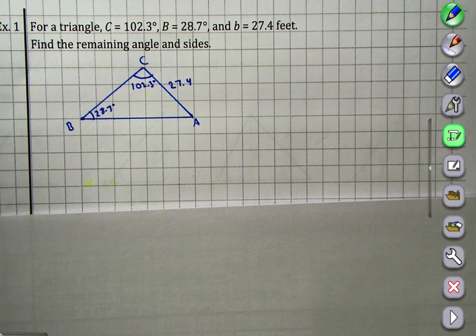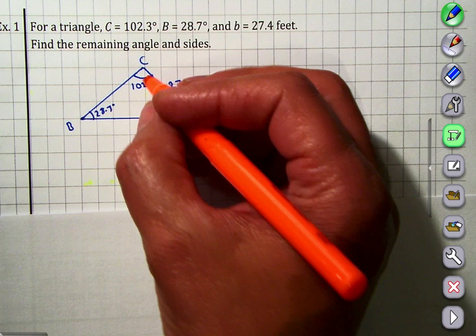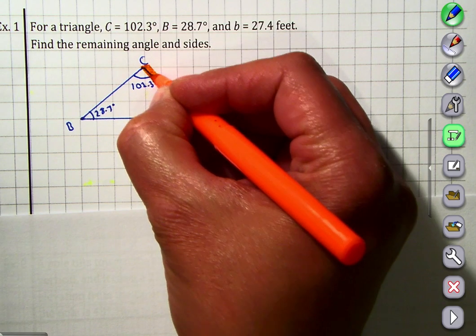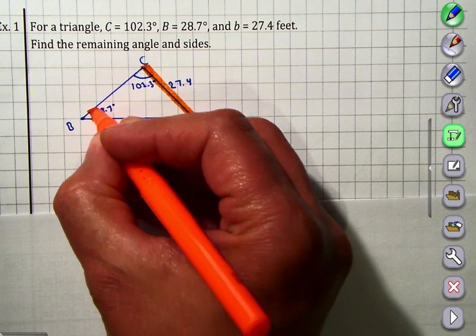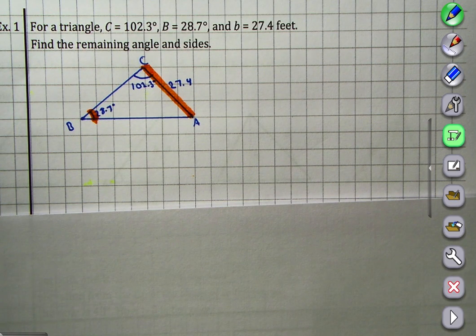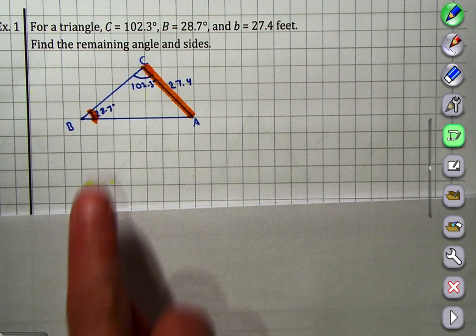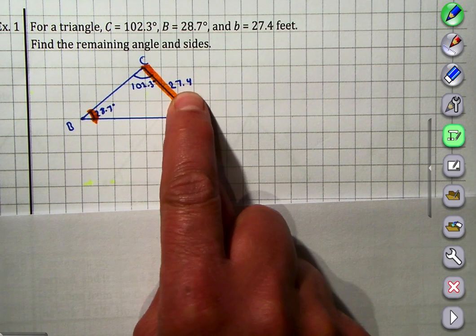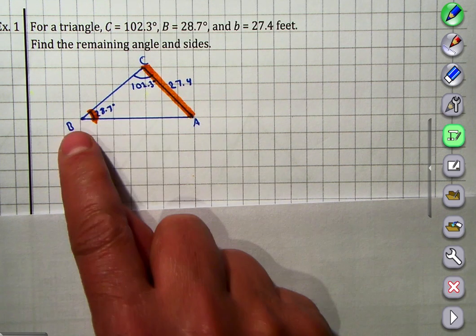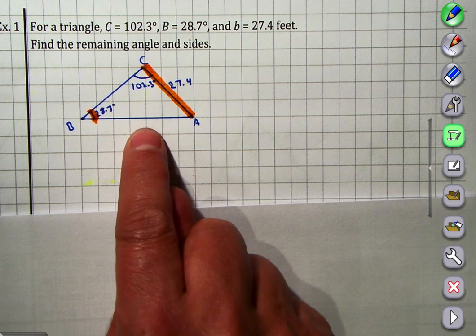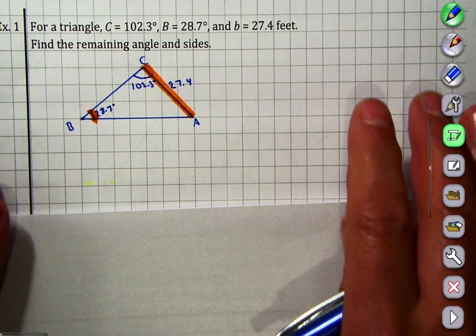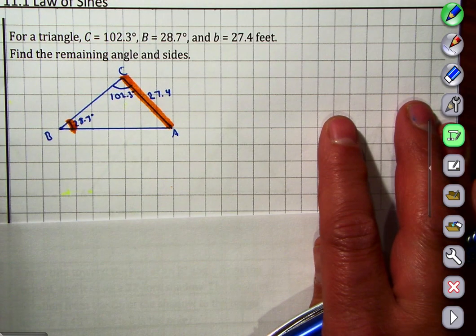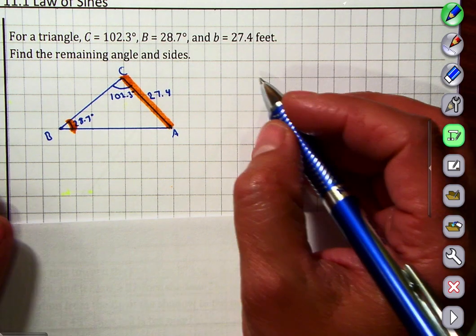Now, one of the things that you want to notice is that in order to use the law of sines, you must have a side and the opposite angle. So visually you guys can see it. So we're going to do 27.4 over the sine of B, and then we can look for angle or side C. But also, since we need to find the remaining angles and sides, we want to make sure that we label.